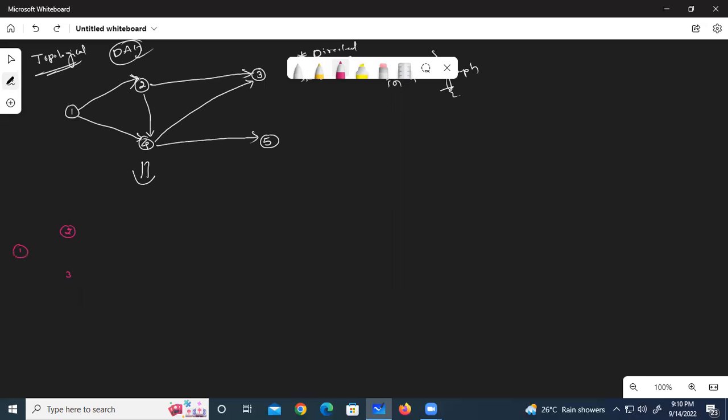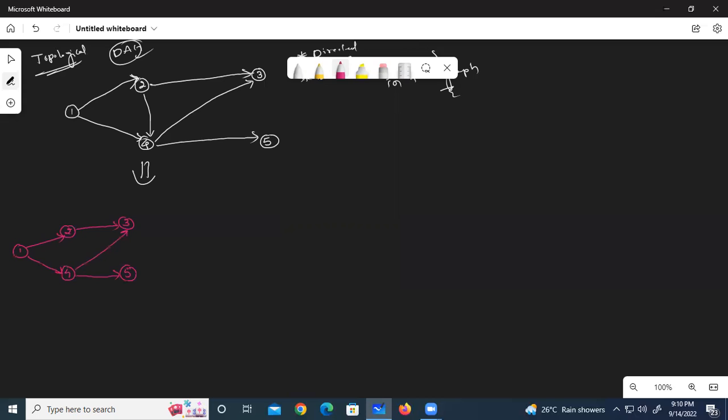This is 4, again here 3, again here 5. This is the graph. Yes or not? I connect from vertex to vertex, again and again.